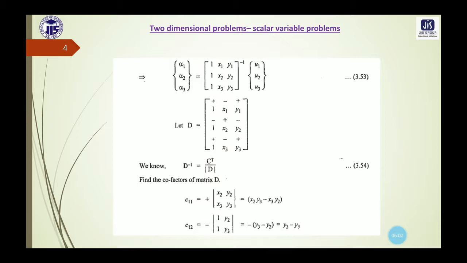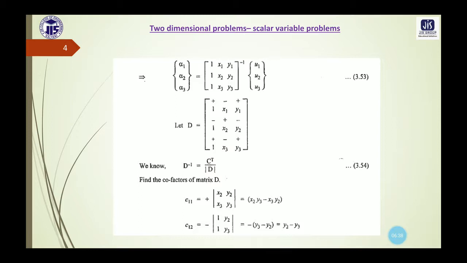So first, to find the inverse of the D matrix, we need to find the cofactor of matrix D. The cofactor C11 is x2 y3 minus x3 y2. The concepts to find the cofactors of a matrix are known to us; we have studied all these matrix operations in engineering mathematics, so I am not going to discuss the matrix inverse or cofactor concept here.